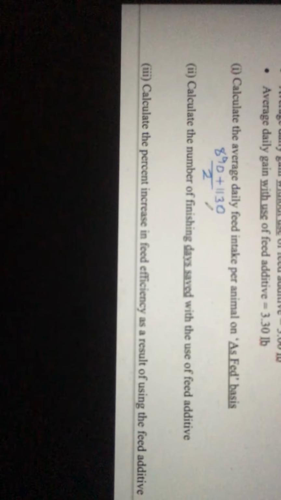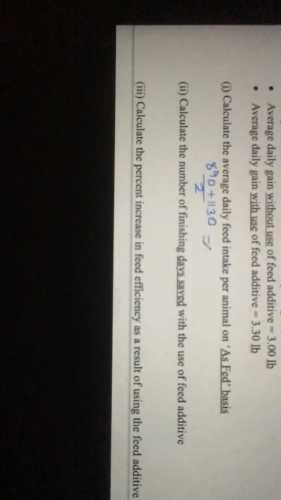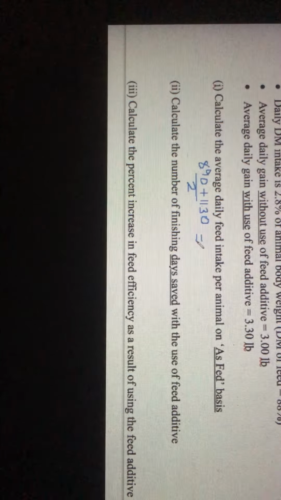Take an average of those two weights. The reason for that is, when these animals are younger, they eat less feed. When they're more mature, they eat more feed.